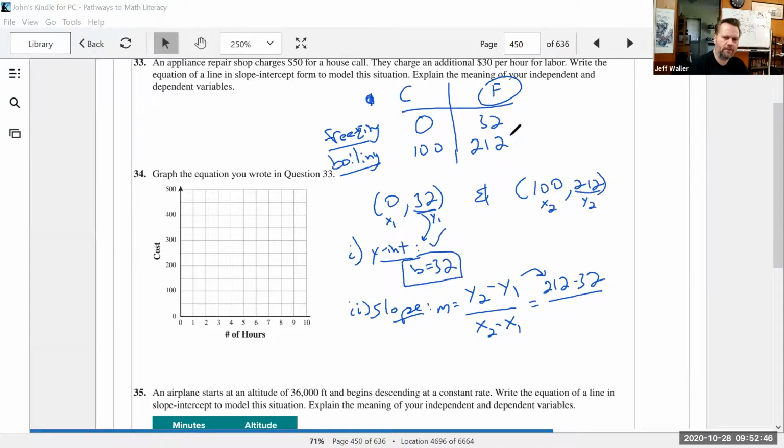It's how much did these change? That's exactly what we've been doing for a long time to figure out rate of change, to figure out slope. And on the bottom is going to be the second x minus the first x. So I get 180 over 100. And then how does that reduce?